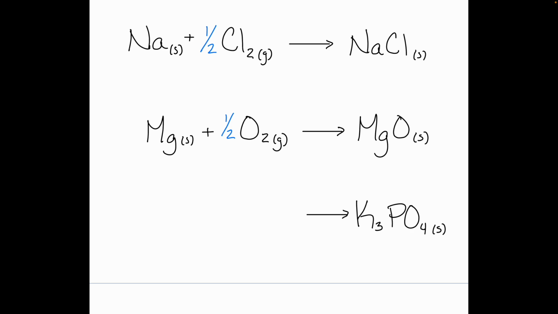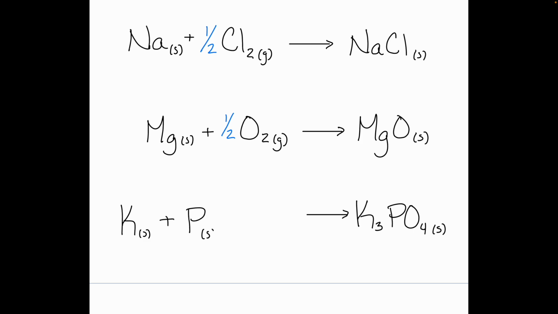Okay. What about our potassium phosphate? What are my reactants going to be? Boom, all of them, right? You're breaking this entire thing up into all of its constituent elements. So we're going to have 3 reactants: potassium, phosphorus, and oxygen, all of which in their standard state. So potassium is a solid in its standard state.